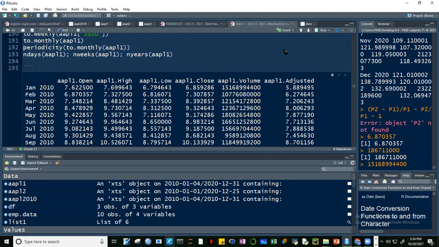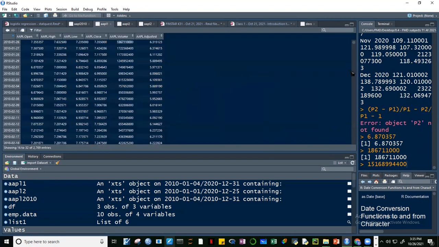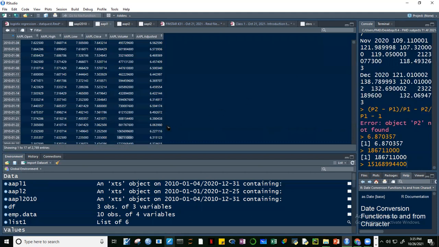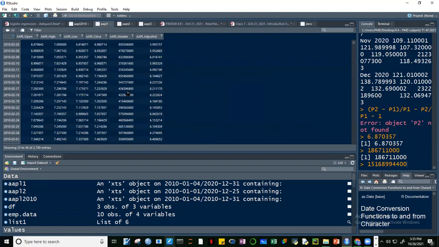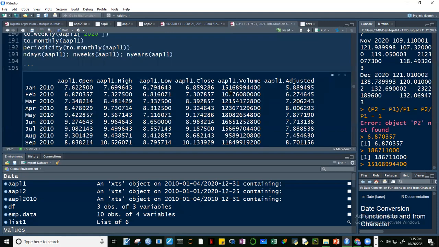Oh, how can that be? Okay, further in. Okay, sorry guys, I'm looking at the data. Yeah, it's possible because there are volumes that are quite high. Okay, so anyway, we'll just take R's word for it that when they took the average volume, it was the average for the whole month.